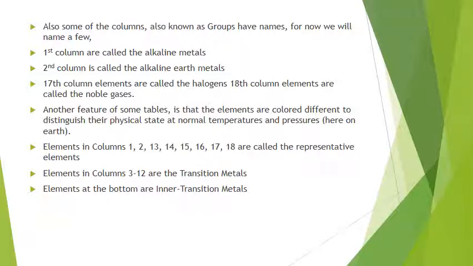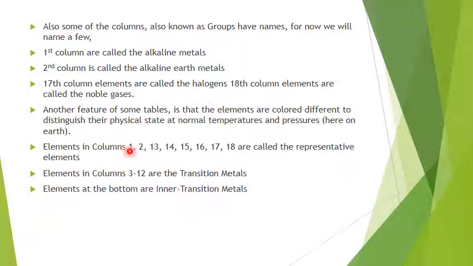All right, so here you go. What I just talked about. So I told you that columns are called groups. First column called alkaline, second column alkaline earth, 17th column the halogens, 18th column the noble gases. I told you different colors represent states, which is not on this periodic table, but is on a lot of periodic tables.